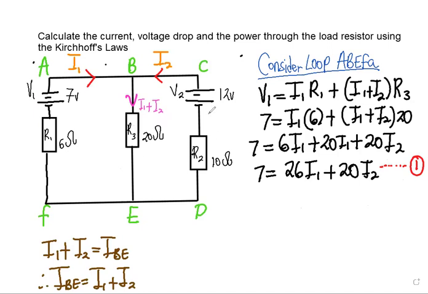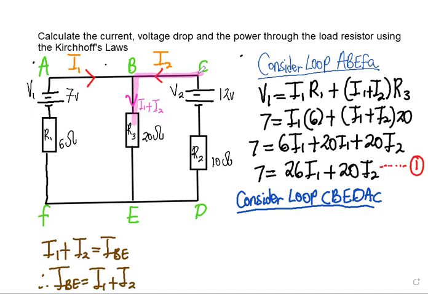And then we're going to consider the other loop. Let's check, we're going to consider loop C, B, E, D, C. So let me show you this loop that I'm saying we must consider.